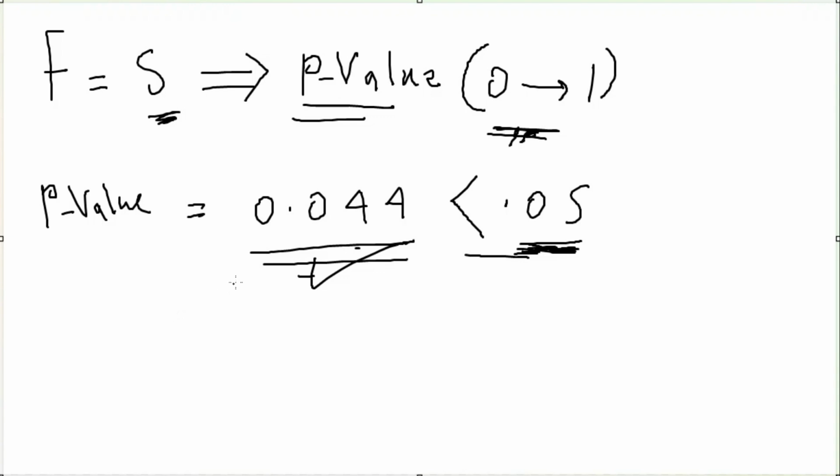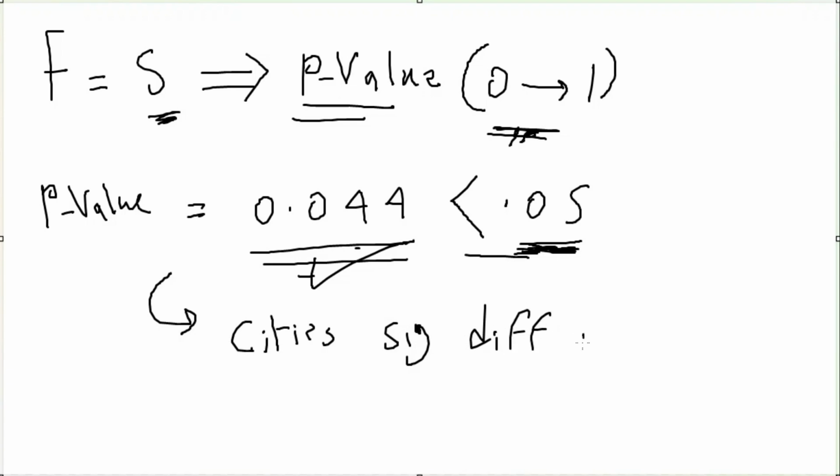If it is smaller than 0.05, what do we conclude? We conclude that cities are significantly different in salaries.